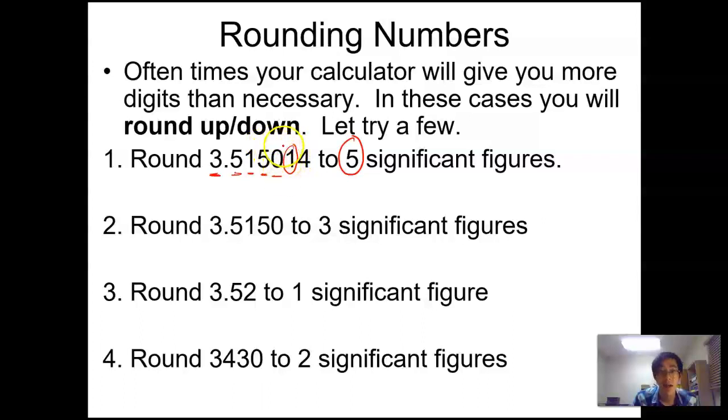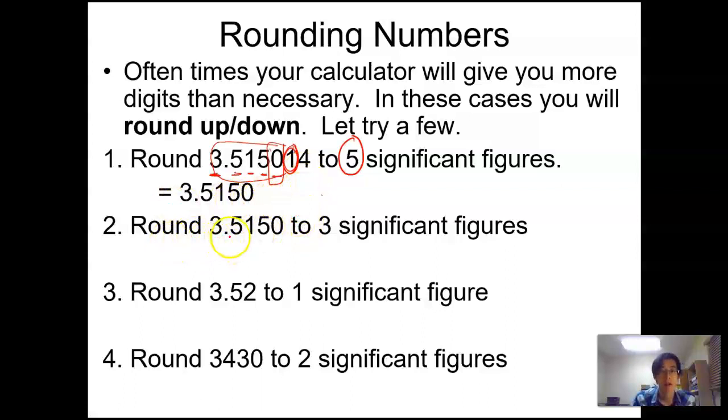If it's less than 5, then this last digit will stay the same. If it's greater than 5, it's going to increase the last digit by 1. So because this 1 is less than 5, this 0 is going to stay the same. So my answer will be 3.5150. Okay, that will be my answer.